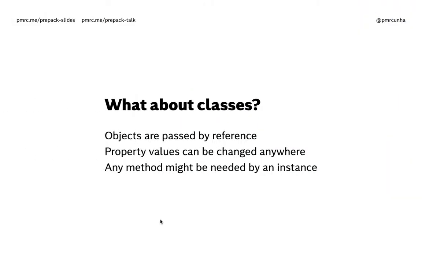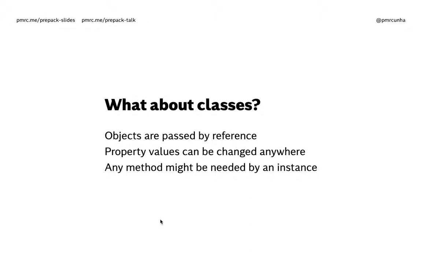Now, if you're thinking this is all very pure cases, when we think about classes, there are a few problems. One is that objects are passed by reference, so any property can change almost anywhere. And any method, if you have a class in the global scope, might be needed.